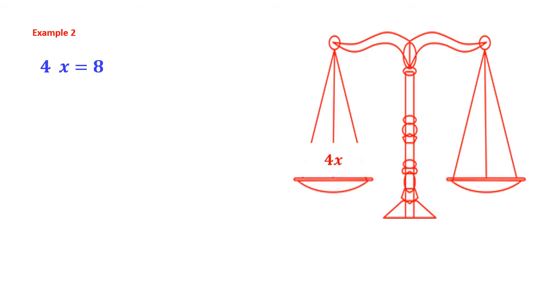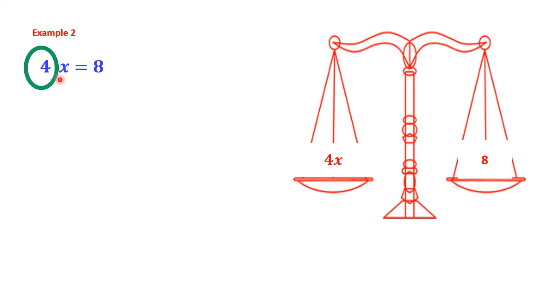So as you can see, I have taken 4x in LHS and 8 in RHS in the two balances. We are going to eliminate 4, and how shall we do it? The rule 2 says that we can take additive inverse or multiplicative inverse as the case may be. Here the variable x is multiplied with the number 4.